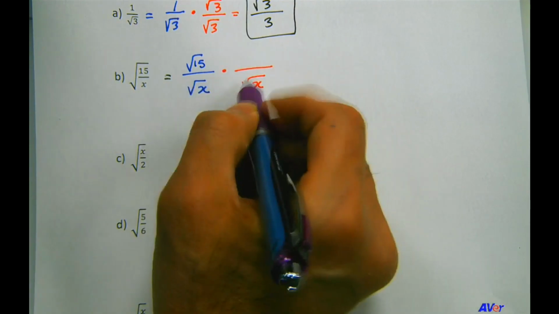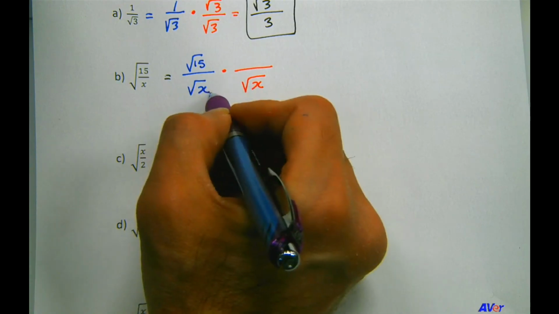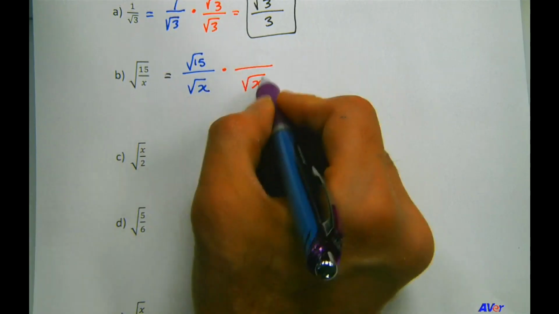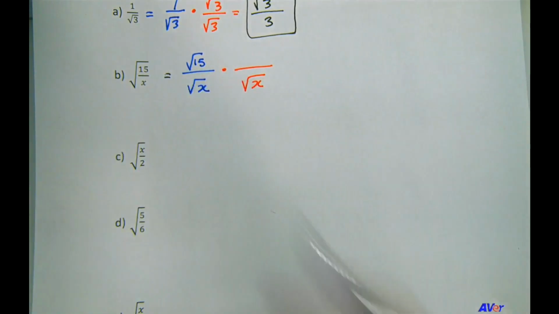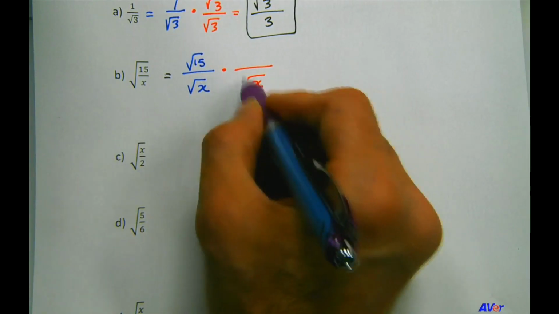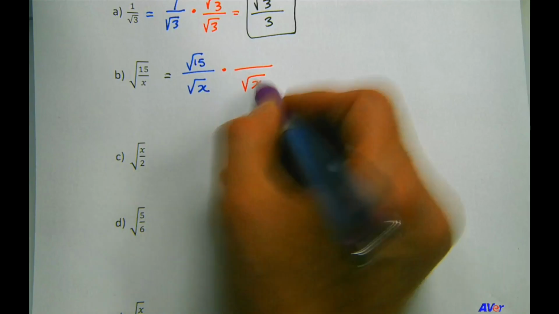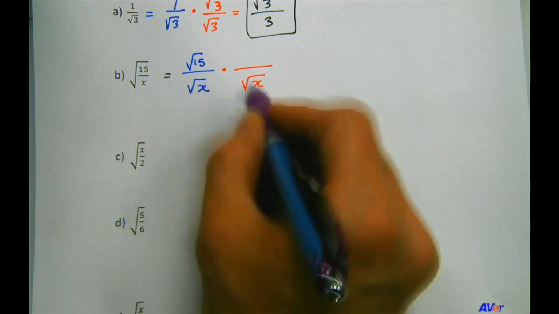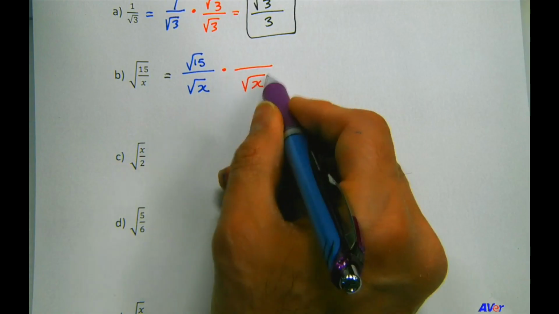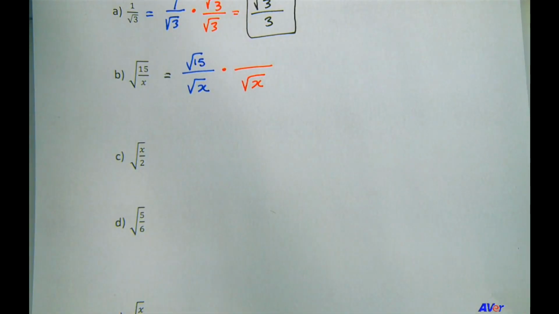Because you always want to multiply what you have in the denominator by a radical expression so that it would give you a power on the inside that is equal to the index. So if you had third root of x here, you would multiply it by third root of x squared, because third root of x squared times third root of x would give you third root of x cubed, which would mean, again, x can come out of the radical expression.